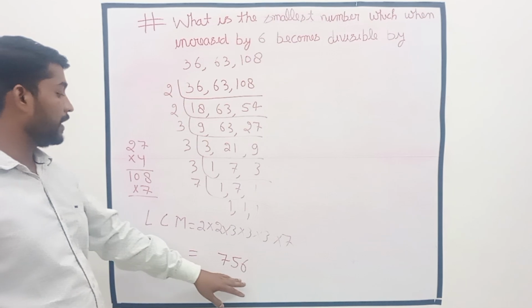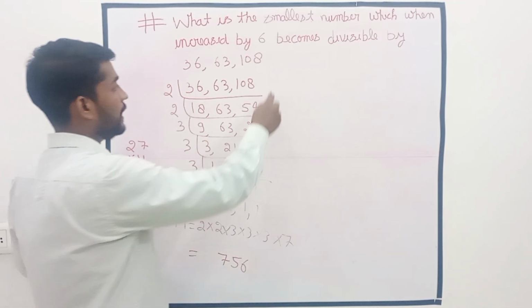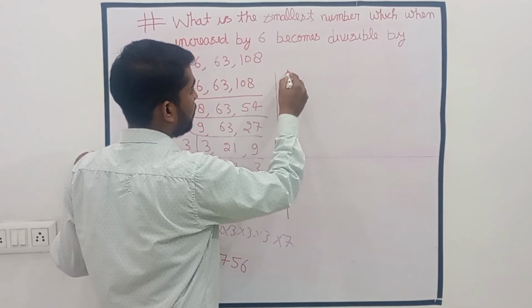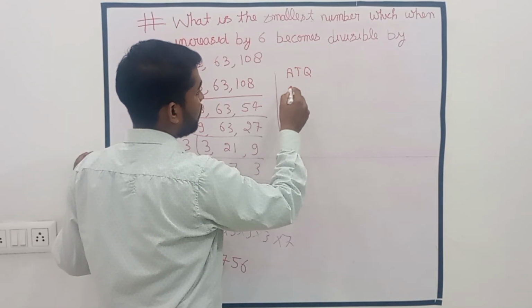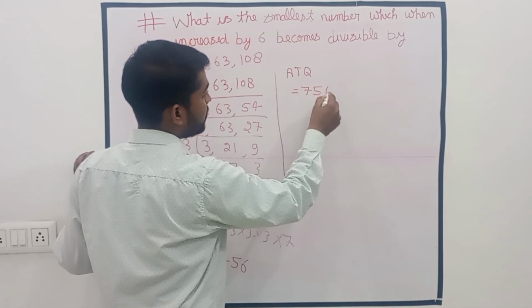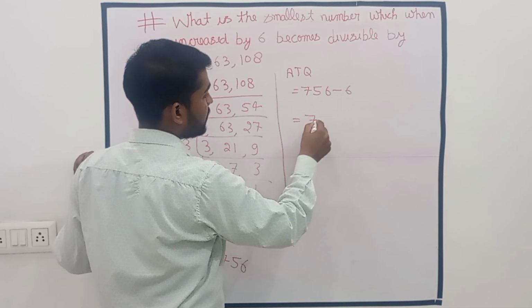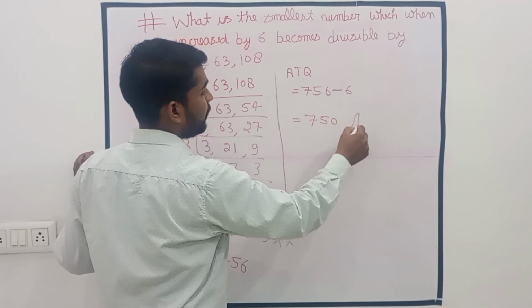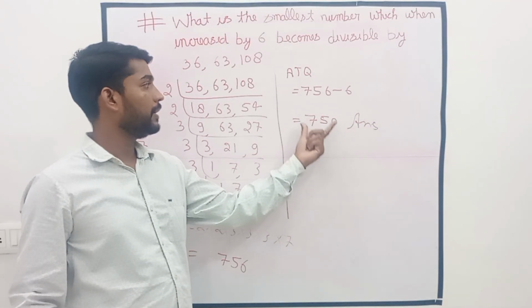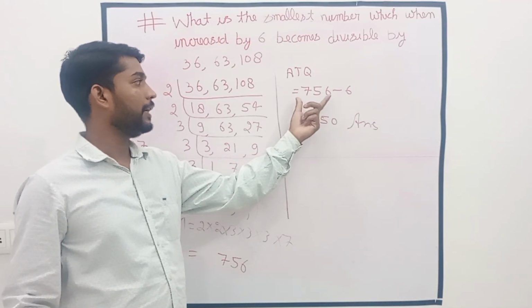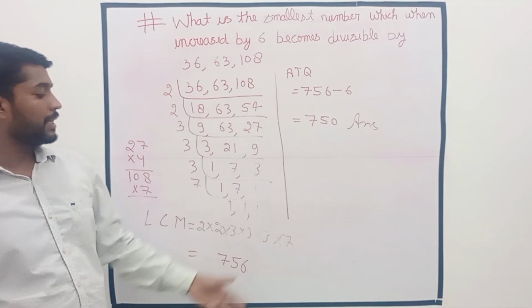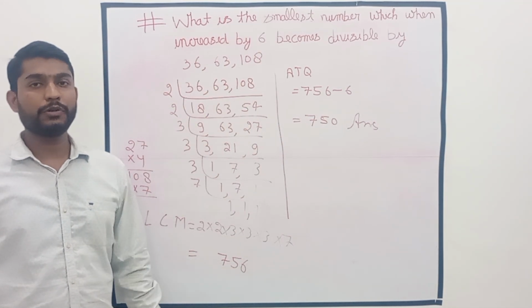According to the question we have to increase the number by 6, which means we subtract. So the answer is 756 minus 6, which is 750. 750 is the answer, because if you increase this number by 6, it becomes 756, and 756 is divisible by these numbers. That is the solution of this question.